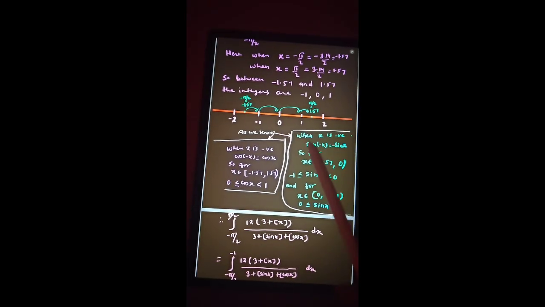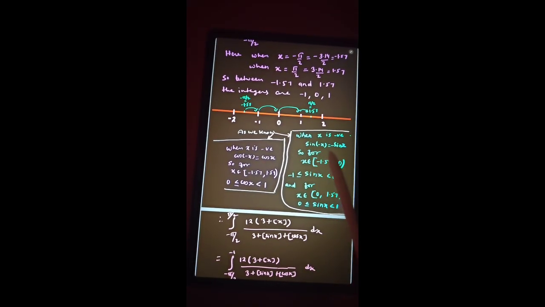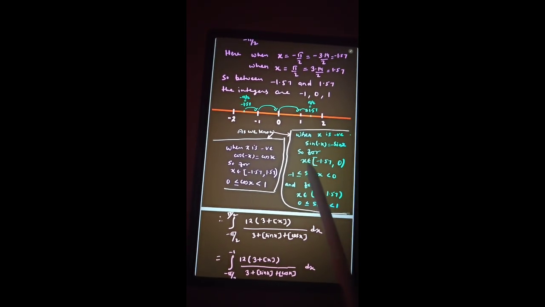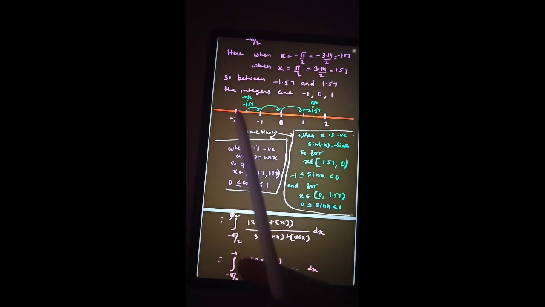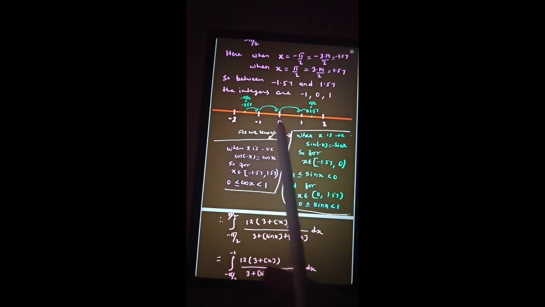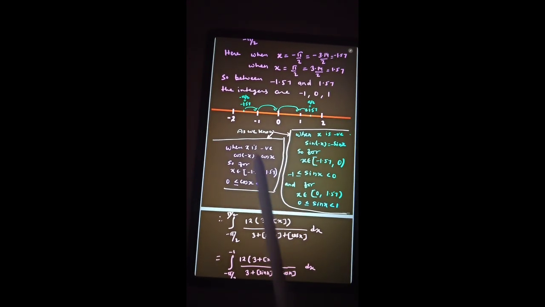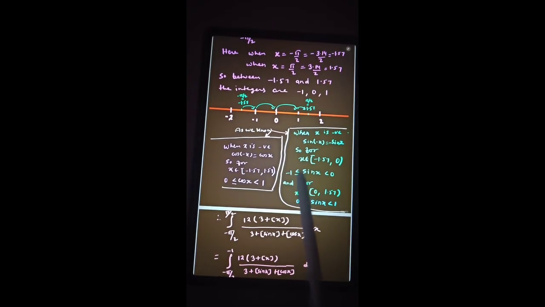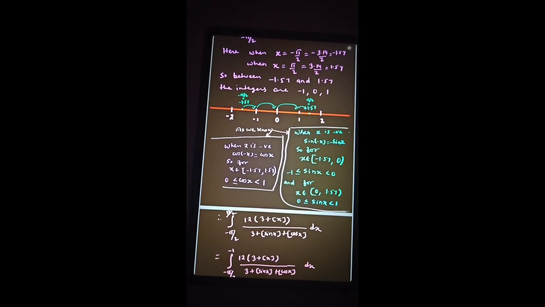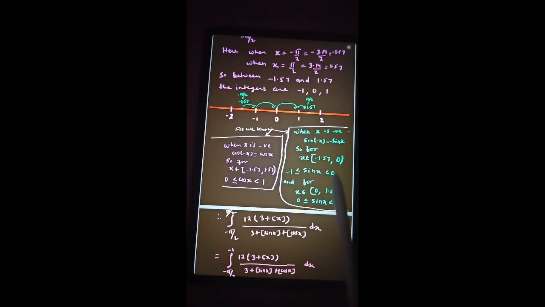When x is negative, sin of minus x is minus sin x. So for the interval minus 1.57 up to 0, the sin x value will be negative. The sin x range is minus 1 to plus 1, so negative values lie from minus 1 to 0.